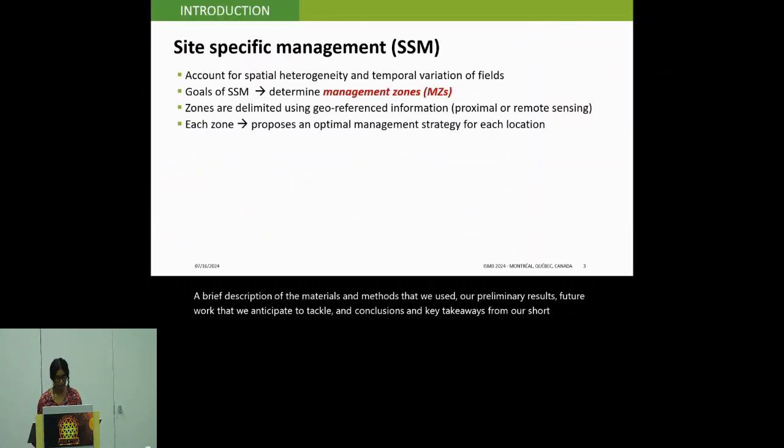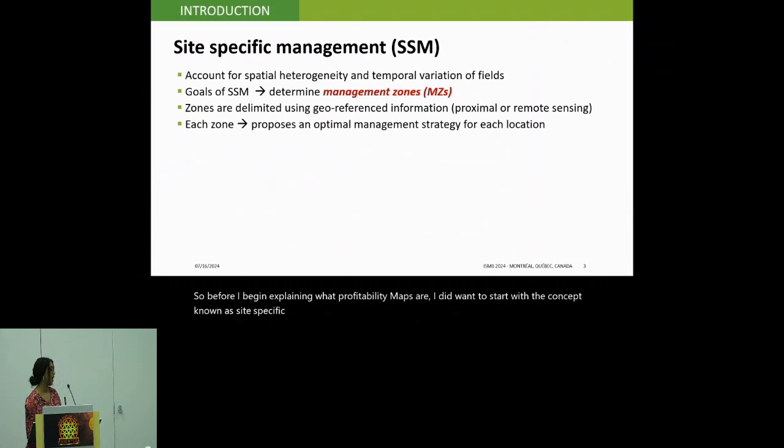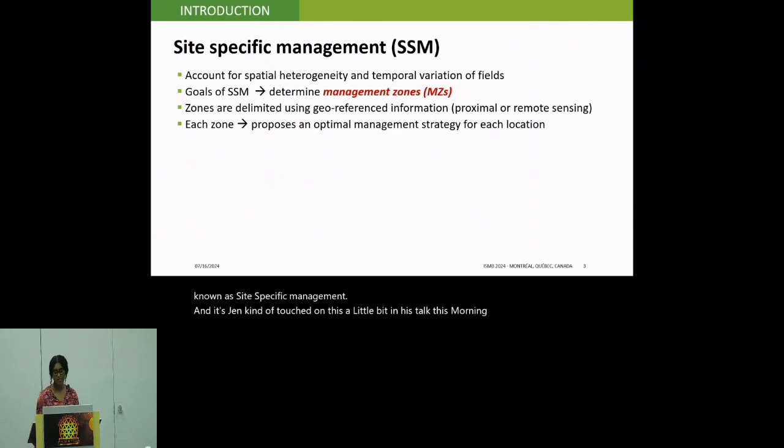So before I begin explaining what profitability maps are, I did want to start with the concept known as site-specific management. And Etienne kind of touched on this a little bit in his talk this morning. But site-specific management is a branch of precision agriculture that aims to determine what we call management zones, which take into account the spatial heterogeneity and temporal variation of agricultural fields.